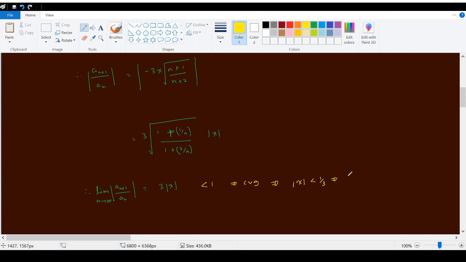In other words, when the modulus of x minus 0 is less than 1/3, then the series will converge. And also the ratio test once again will say that if the limit is greater than 1, then it diverges. That means when the modulus of x minus 0 is greater than 1/3, the series will diverge.